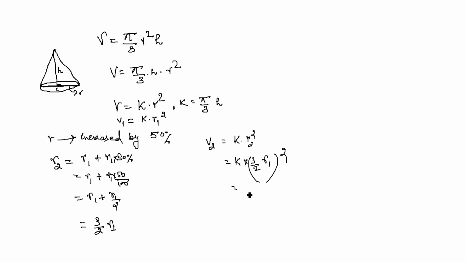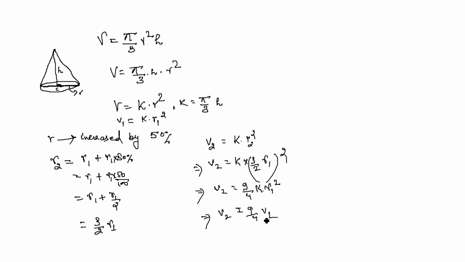So we can write it as 3 by 2 square, so 9 by 4 into k into r1 square. And k into r1 square is nothing but the initial volume V1. So V2 comes as 9 by 4 into V1.